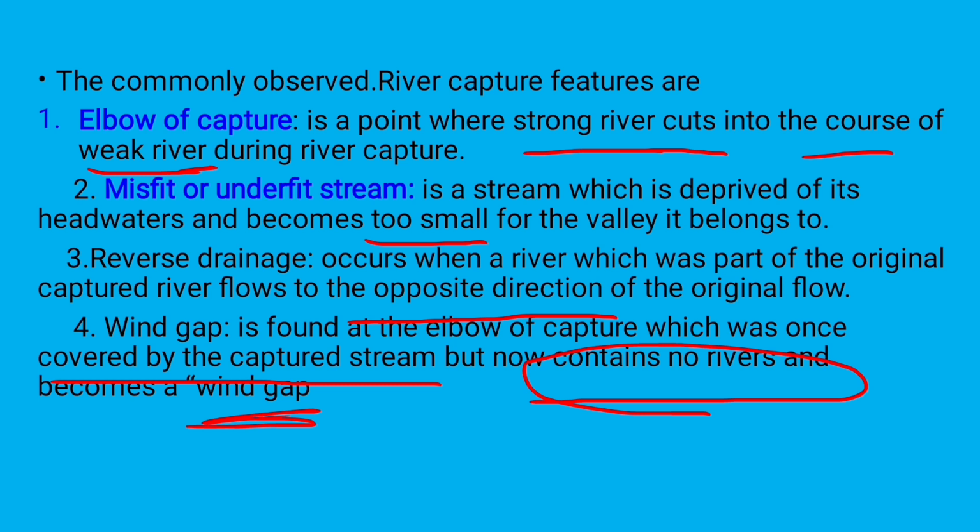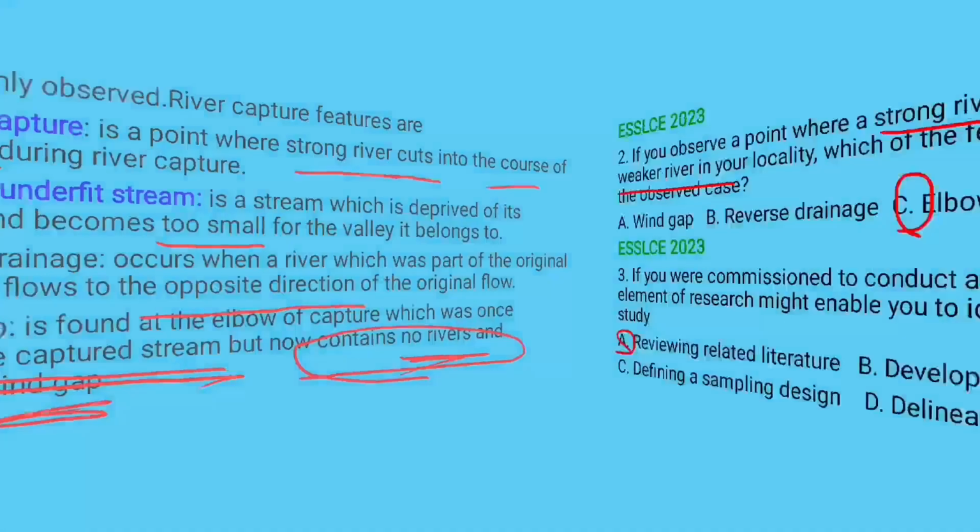The fourth, wind gap, is found at the elbow of capture, which was once covered by the captured stream, but now contains no river. Good.